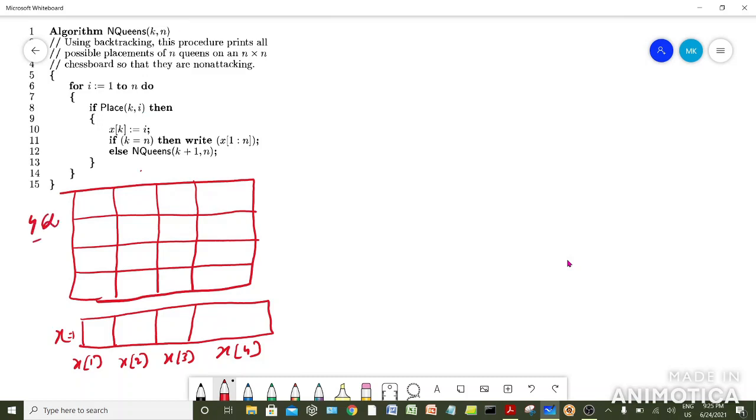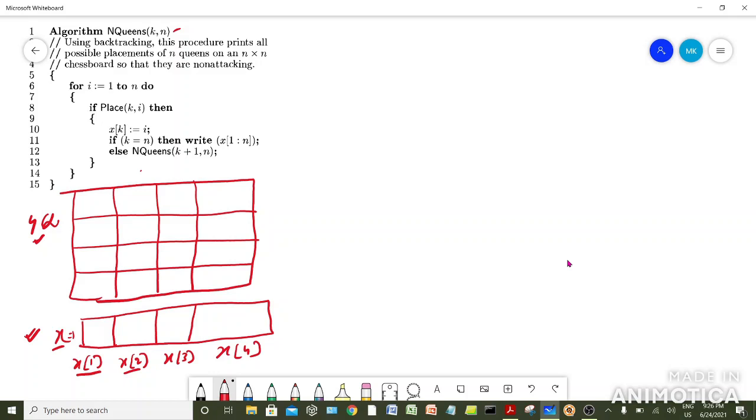So this is the algorithm. This is the 4 by 4 matrix, which is initially empty, and this is the desired solution vector x. So x1 basically designates the column of the first queen, and x2 denotes the column number of the second queen.